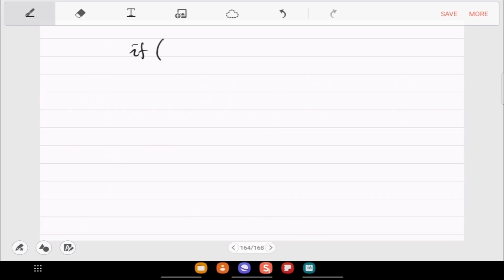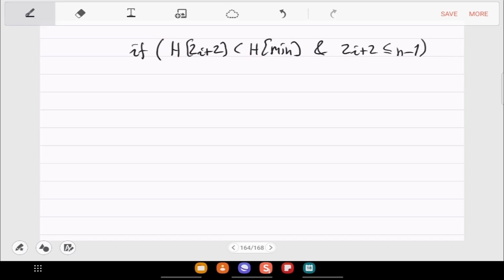So if the right child is even smaller and it exists, so this is simply a boundary condition check because you don't want to overflow the array. So if it exists and it is smaller, then you update min to that.